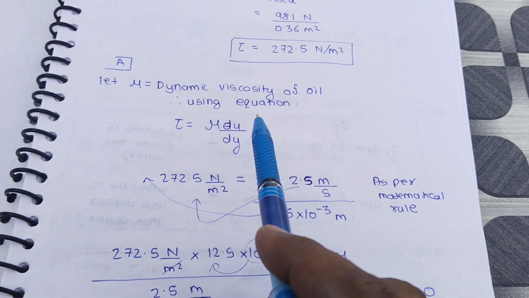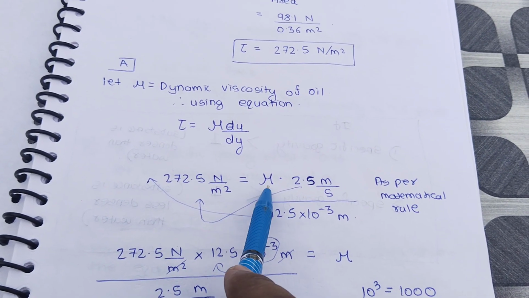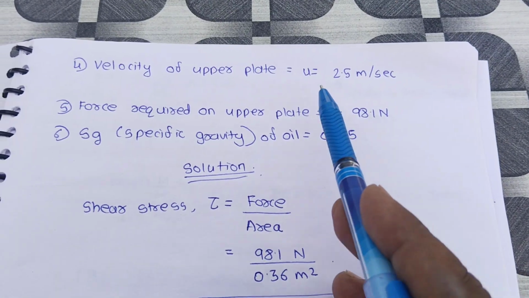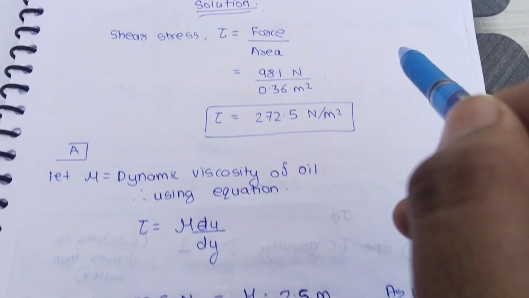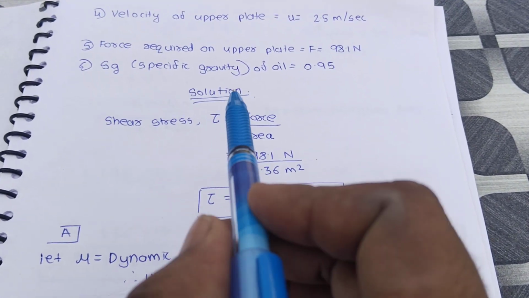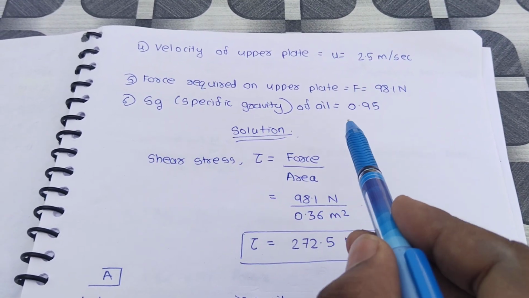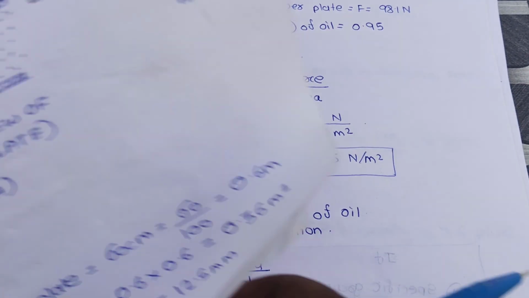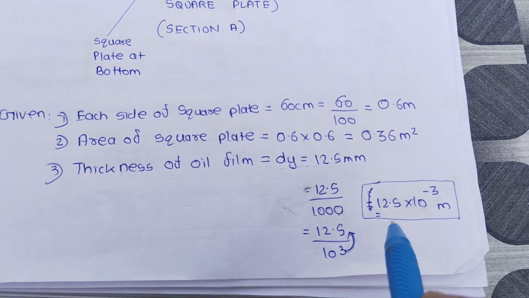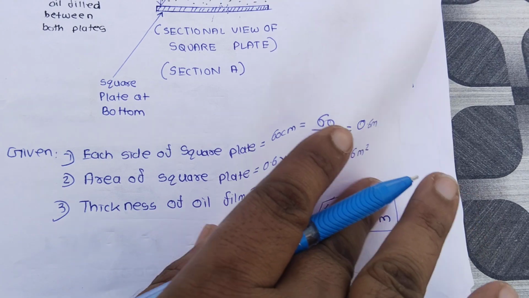Tau value is 272.5 Newton per meter square, mu, du is the velocity of the upper plate, 2.5 meter per second, so 2.5 meter per second, dy is the thickness of the oil film, dy is equal to 12.5 into 10 raised to minus 3.